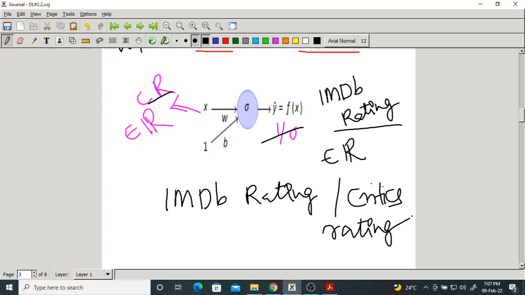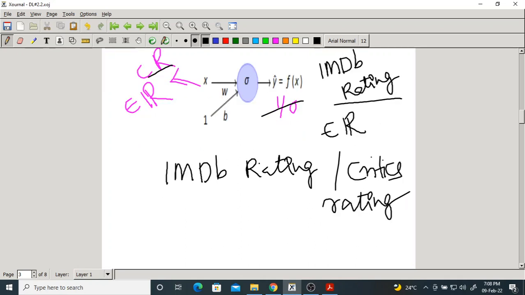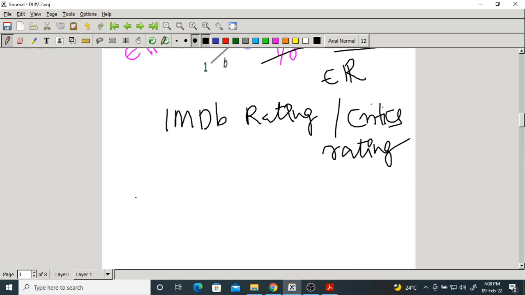That is our job. So we build this network to find out the relation between IMDb rating and the critics rating. Both happen to be real numbers. Now I am taking only one input, that is x, the critics rating, and the bias is called b.